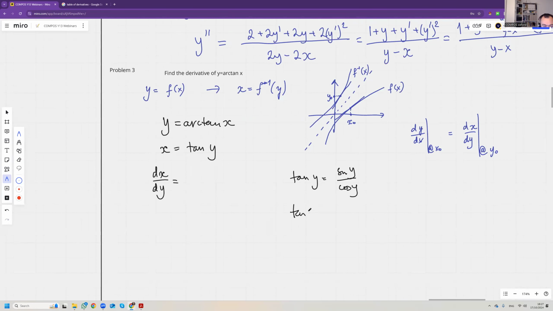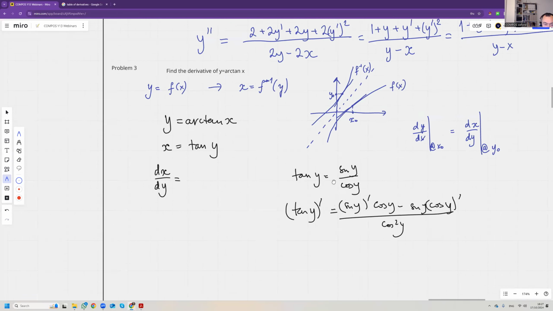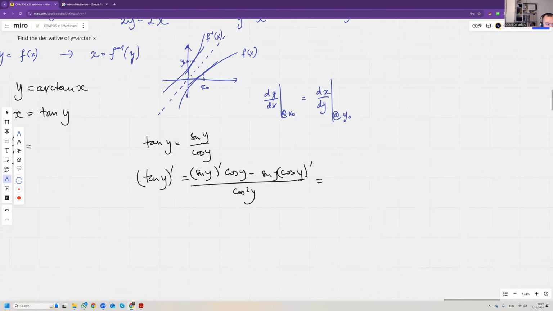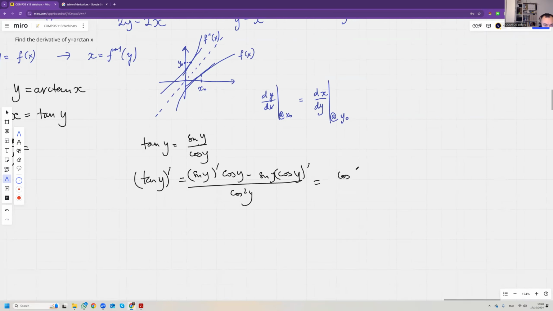That means that if we want to differentiate tan, it's going to be sine y prime cos y using the quotient rule minus sine y cos y prime divided by cos squared y, which is cos squared y plus sine squared y over cos squared y, because the derivative of cos is minus sine, and minus times minus sine is plus sine squared.